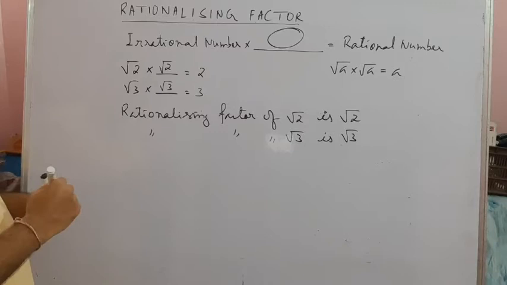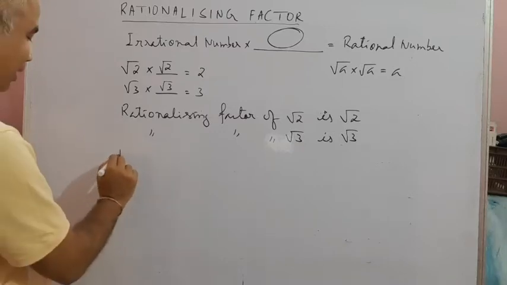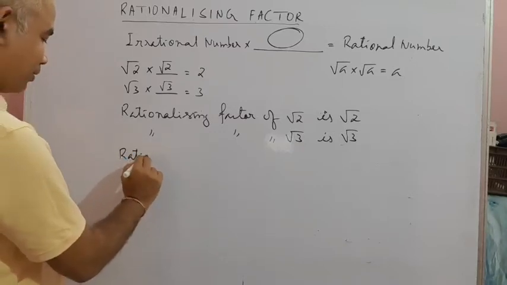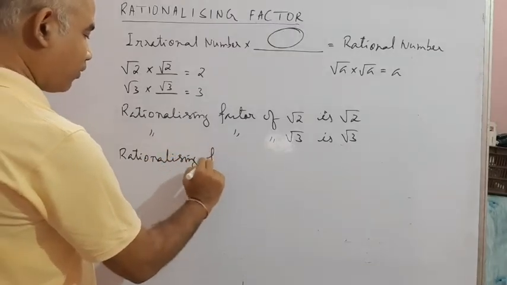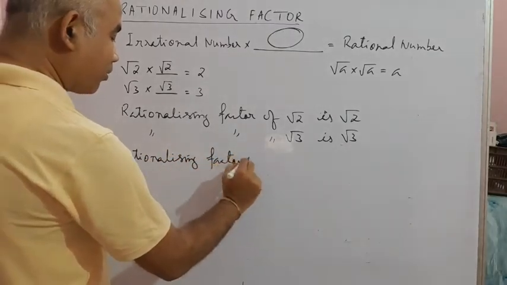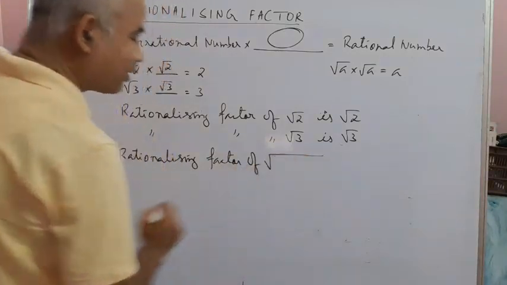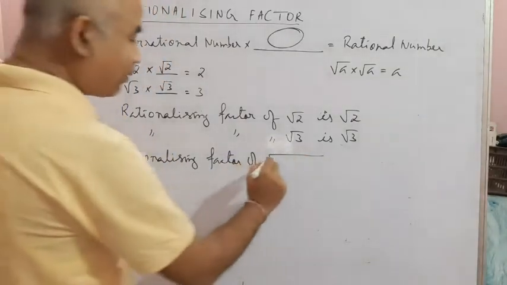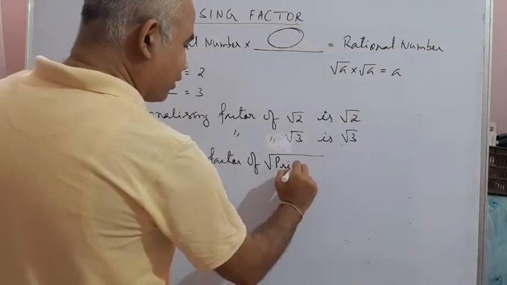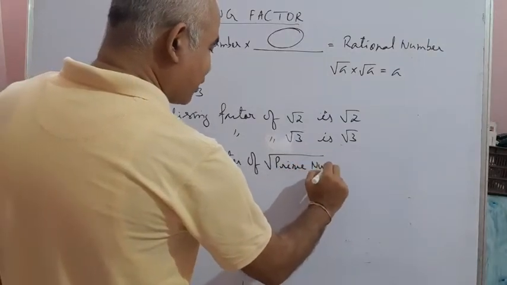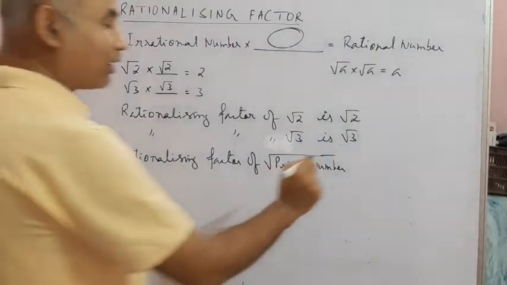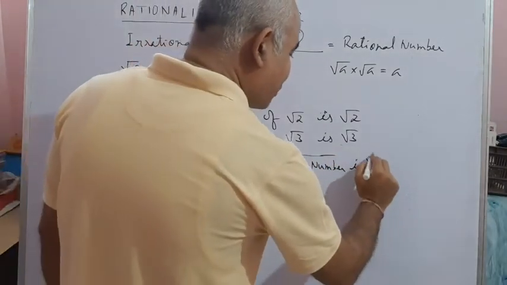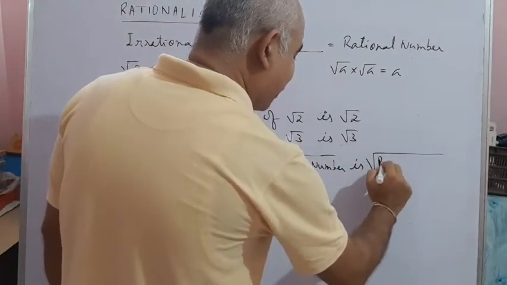So we can say that if there is a prime number under the root, the rationalizing factor of the square root of a prime number is the square root of the same prime number.